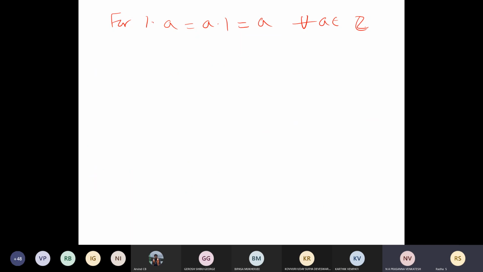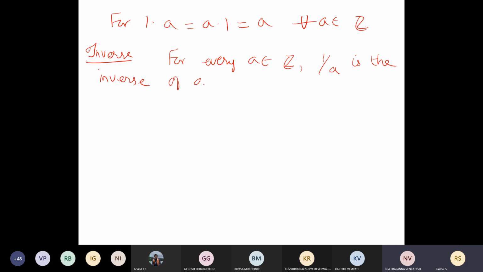So what about inverse? What will be the inverse? 1 by A. Okay. So for every A in Z, 1 by A is the inverse of A. Is 1 by A there in Z? No, ma'am. But 1 by A does not belong to Z for all A, even for 0.